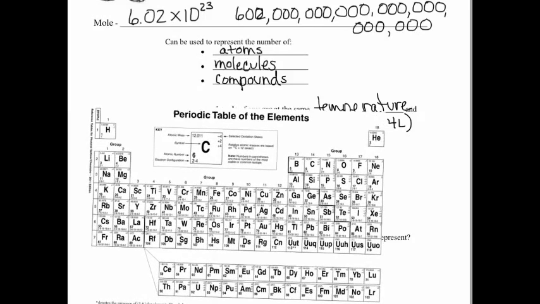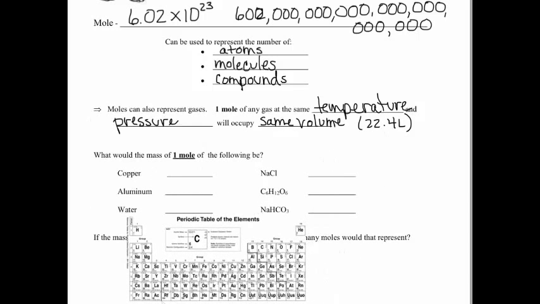And then right here is copper, and again, we're going to round that to 2 decimal places, so that'll be 63.55. So a mole of copper will weigh 63.55 grams. So if I told you, hey, go in the back and mass me out 1 mole of copper, all you do is mass out 63.55 grams.